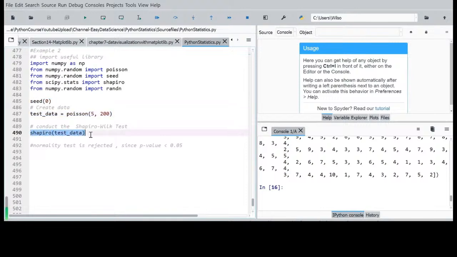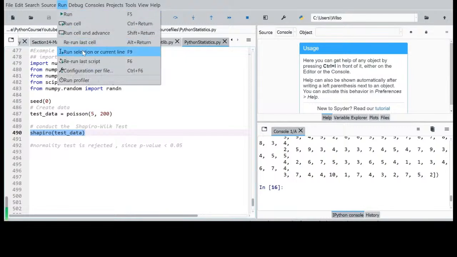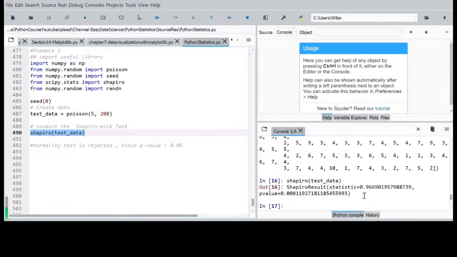So let's run the Shapiro test on the test data for normality. This time the test statistic is about 0.96 and the p-value is 0.000119. So it's much lower than the p-value of 0.05.